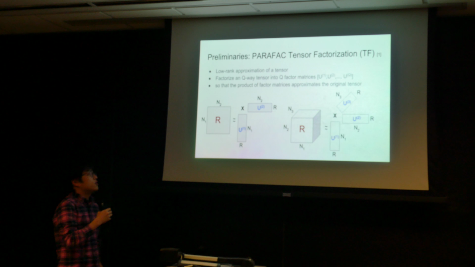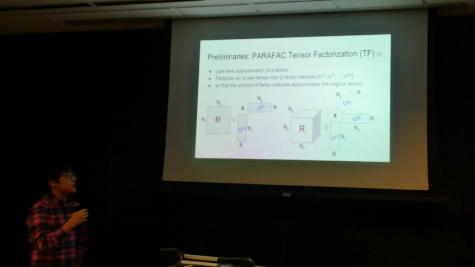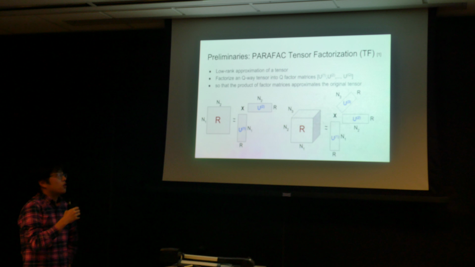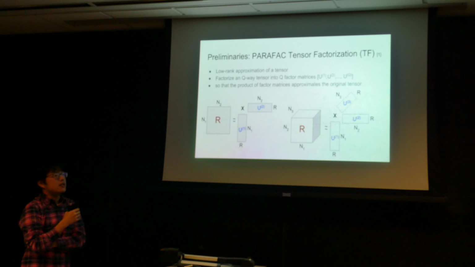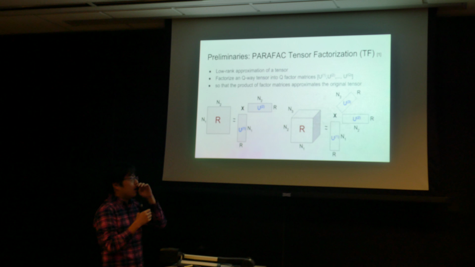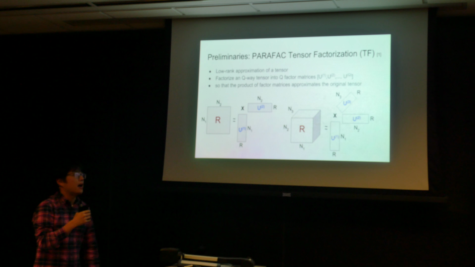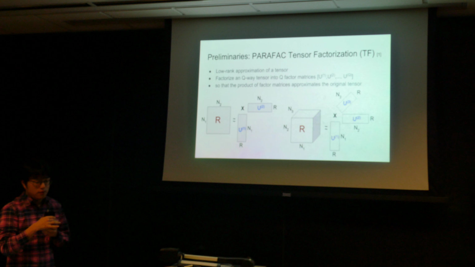This figure shows matrix factorization, where a given matrix is approximated by the product of two low-rank matrices. Tensor factorization is a generalization of this for tensors, and as seen in the right figure, a given tensor is approximated by the product of three low-rank matrices.